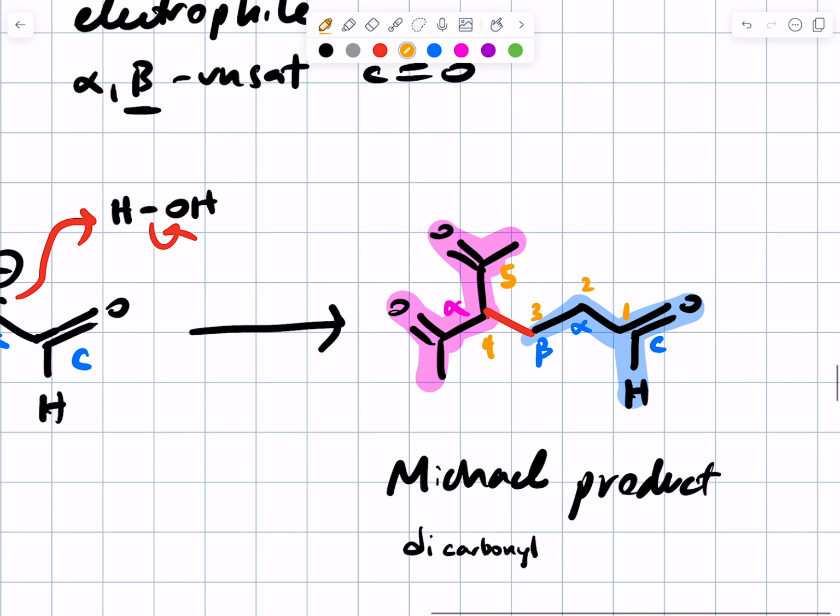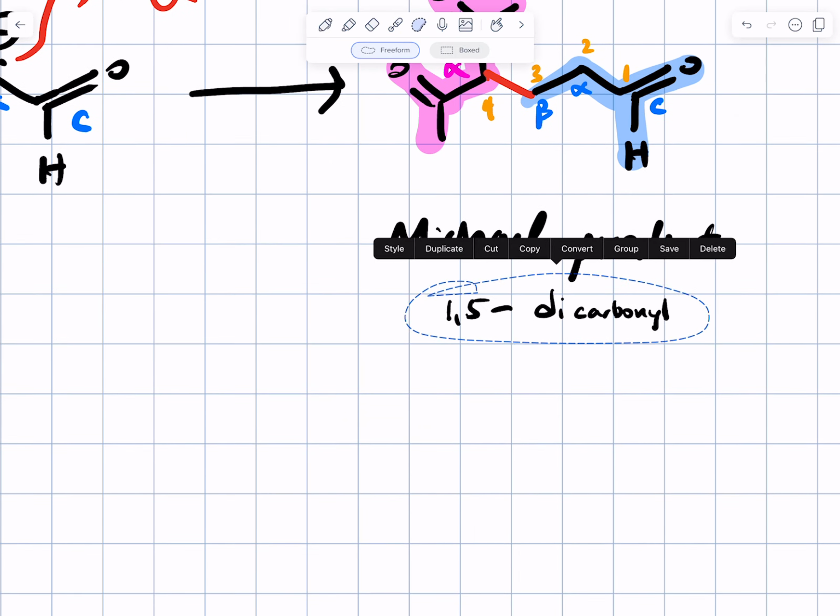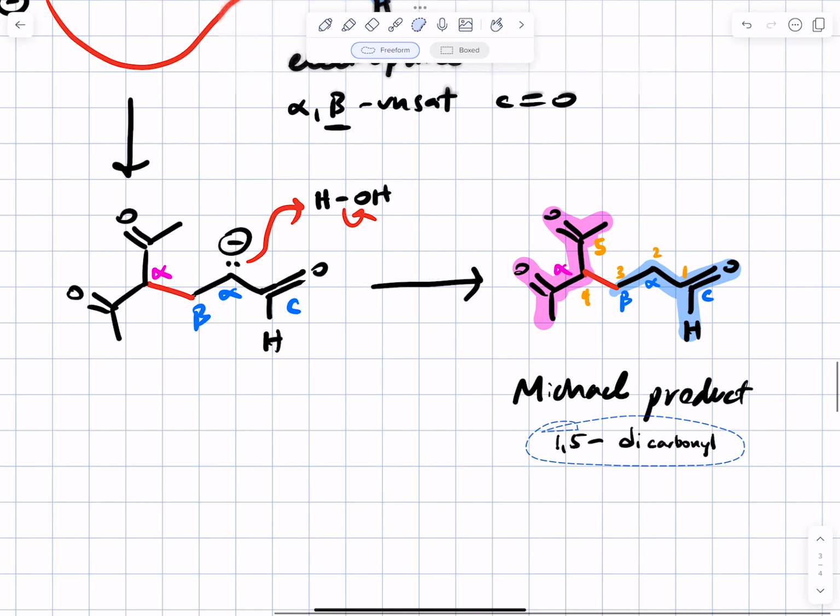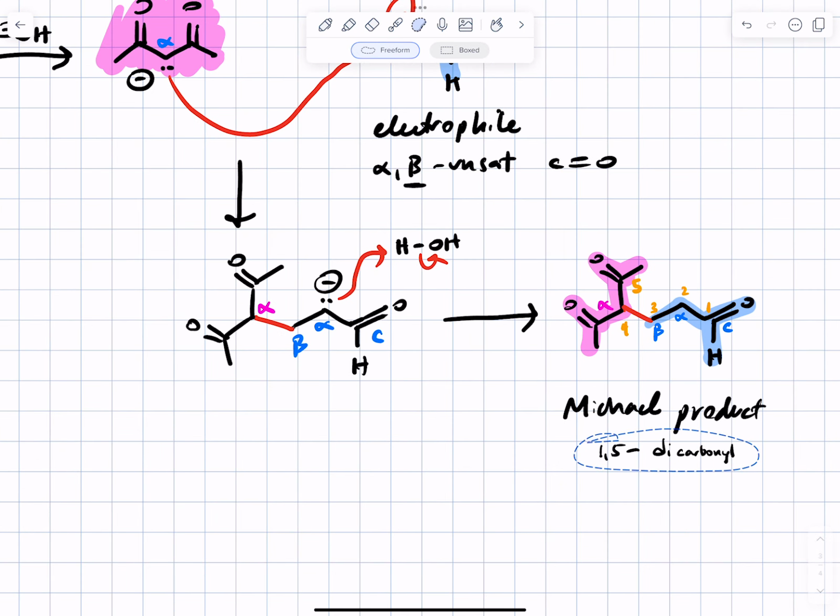So the Michael product is always a 1,5 dicarbonyl. And so when you see a 1,5 dicarbonyl, you can start to think, okay, I could have made that via a Michael addition reaction.